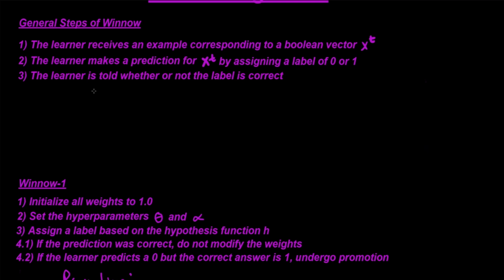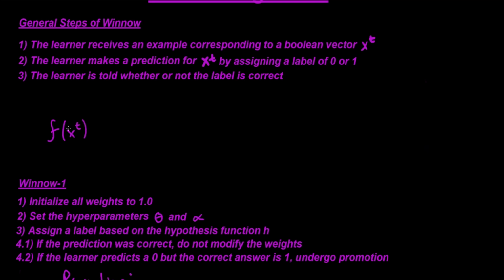There are actually two versions of the Winnow algorithm, which are very creatively named Winnow-1 and Winnow-2. Let's first go over Winnow-1, and then we'll discuss Winnow-2. Firstly, we need to go over what rule the algorithm will be using to decide which label to assign a given xt. To understand this rule, first consider the function f of xt.